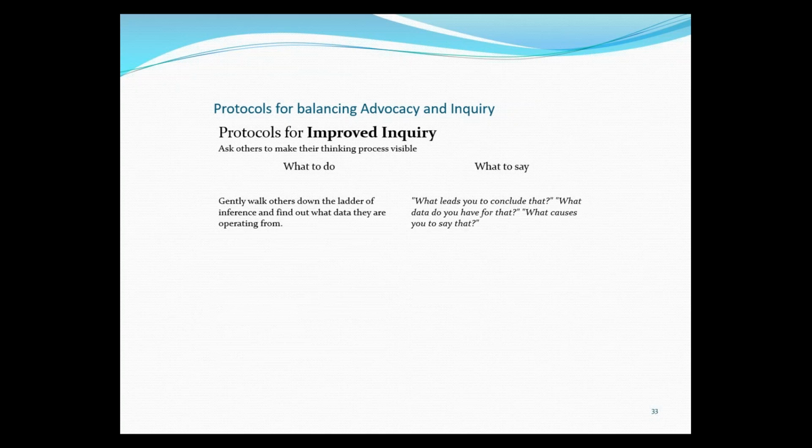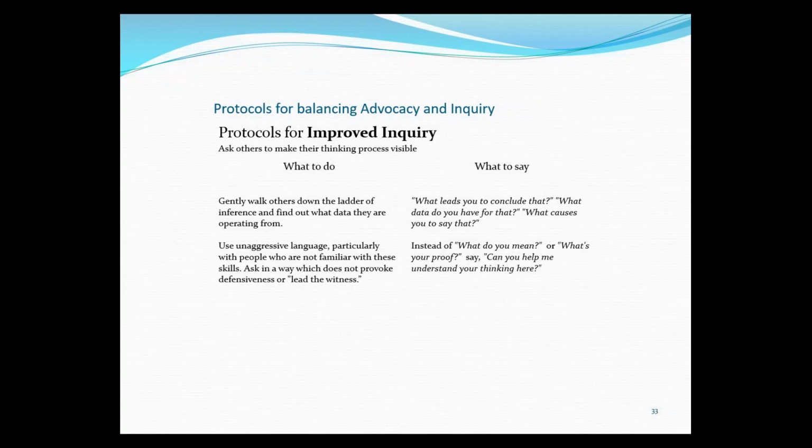Same thing for inquiry, some examples of how to keep the conversation going. Someone puts their thing out there, and in a non-threatening, non-violent way, can you just engage? So, what led you to conclude that, or what causes you to say that, using again unaggressive, nonviolent language, instead of what do you mean, or why would you think that, or, can you help me understand? I think I like the last one here on this example.